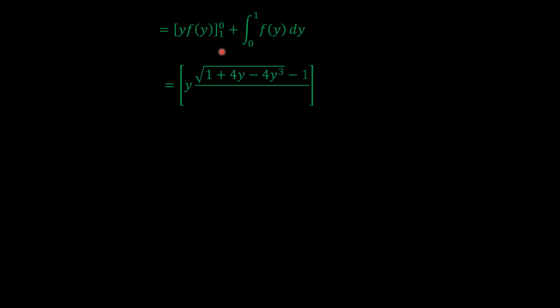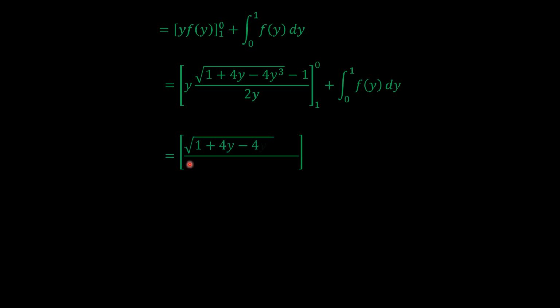So now that we have this guy here, we can go back and substitute for y. We know f(y) is the square root of 1 plus 4y minus 4 cube minus 1 over 2y. These y's cancel, and that means that we do have the square root of 1 plus 4y minus 4 cube minus 1 over 2, and that integral remains there.